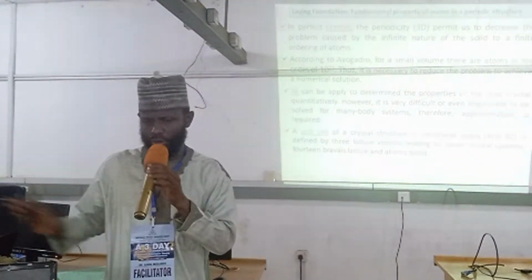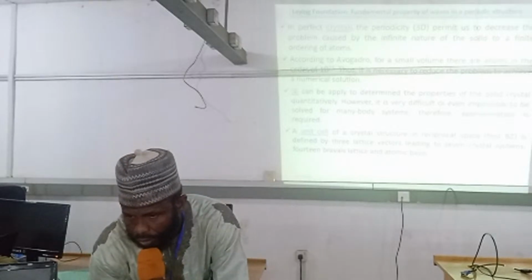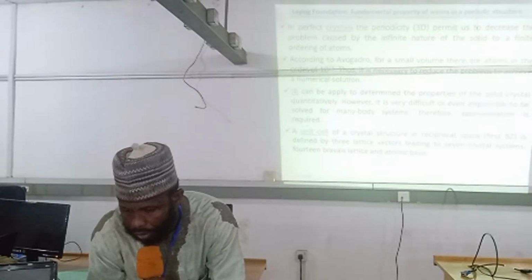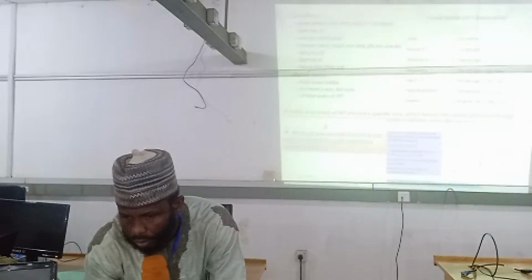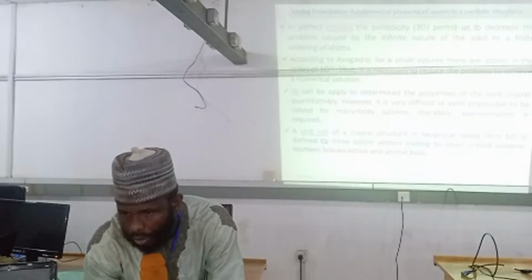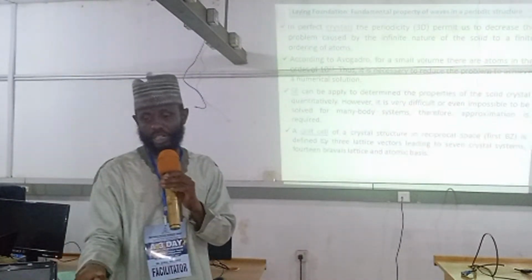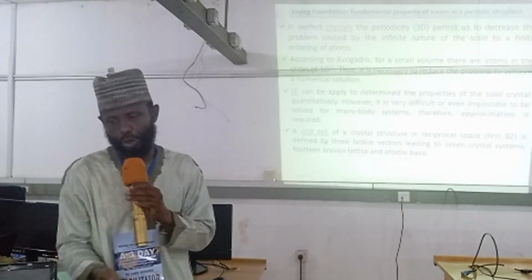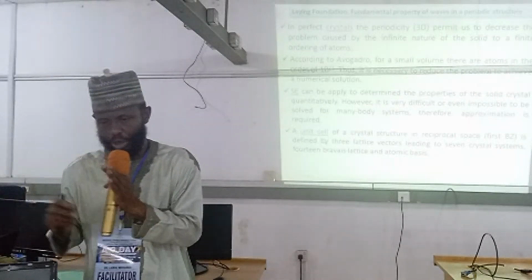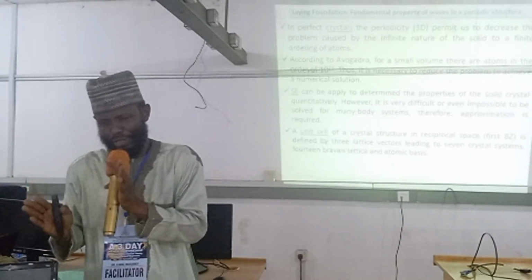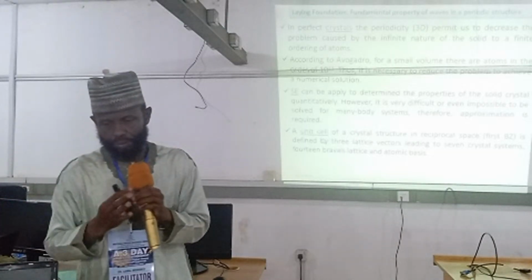Okay. Now that being said, I mentioned that according to Avogadro, for a small volume, there are atoms in the order of 10 to the power 23. Therefore, there is necessity to reduce the problem to achieve a numerical solution.